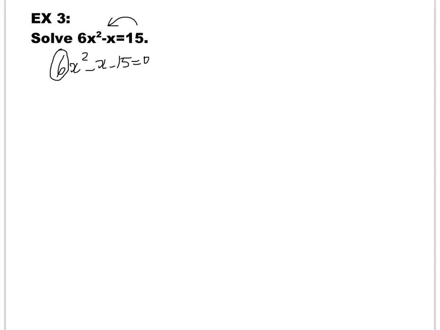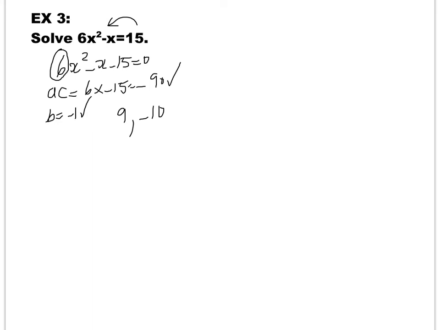So I use the method of finding AC, which is 6 times negative 15, which is negative 90, and b is equal to negative 1. Find two numbers whose product is negative 90 and whose sum is negative 1. Those two numbers are 9 and negative 10. 9 times negative 10 gives me negative 90, and 9 plus negative 10 gives me negative 1.